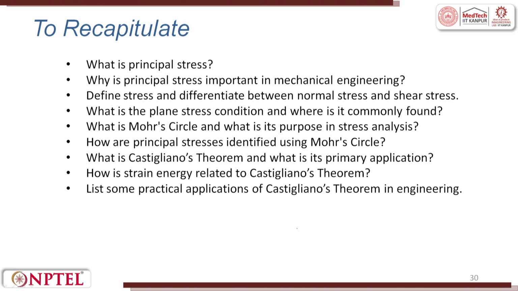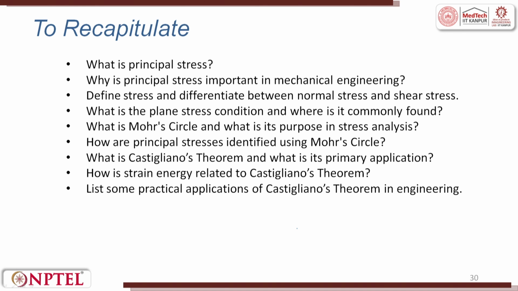Okay, so what we went through in this lecture is principal stress. Principal stress is important in mechanical engineering. Define stress and differentiate between normal and shear. What is a plane stress condition? Why is it or where is it commonly found?